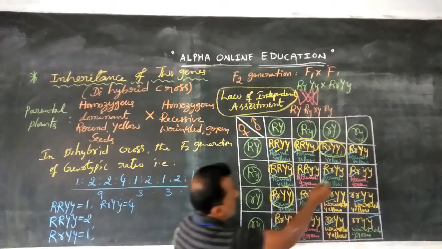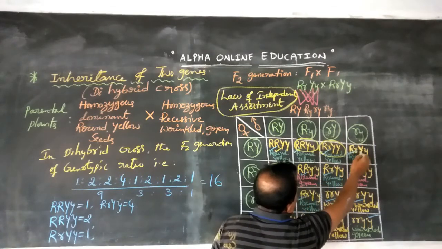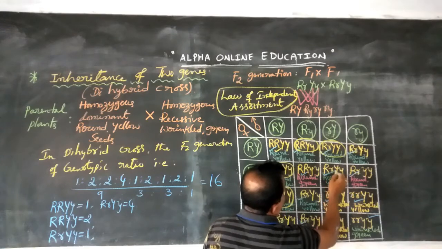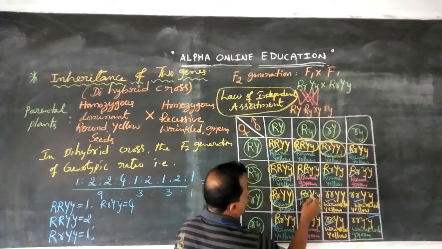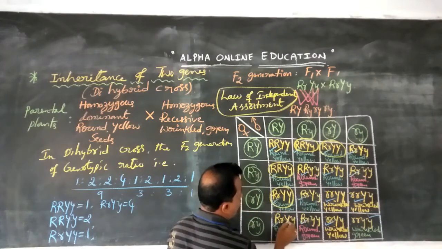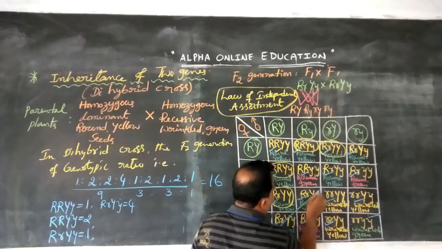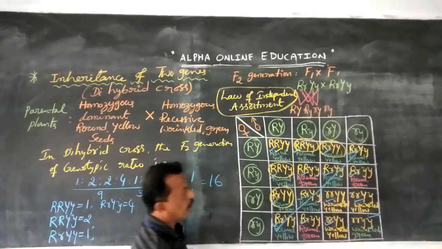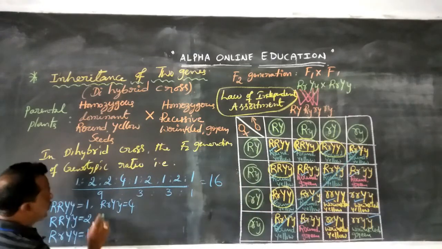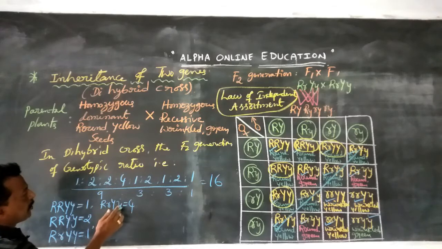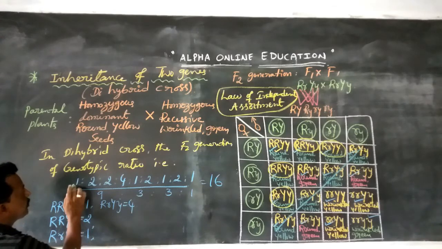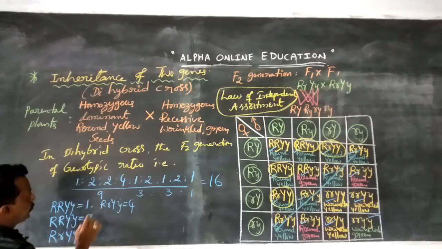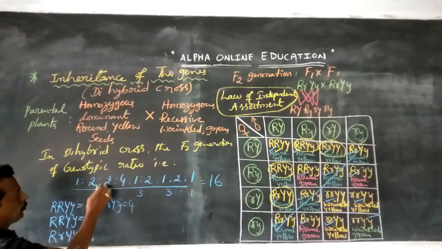This one, another one, another one, another one. These four genotypes are similar. That is capital R small r capital Y small y, 4. So that will be 1:2:2:4.